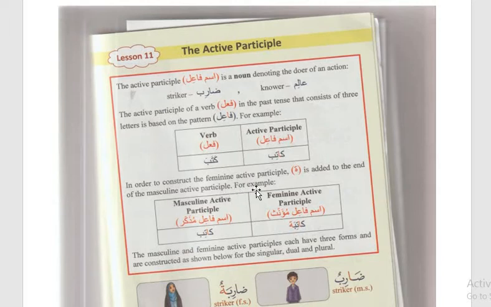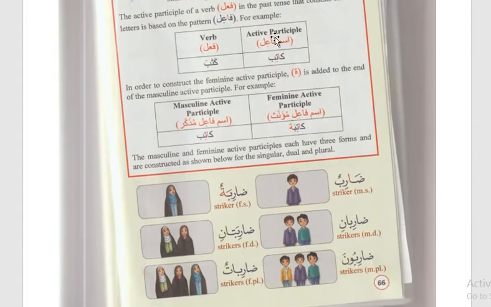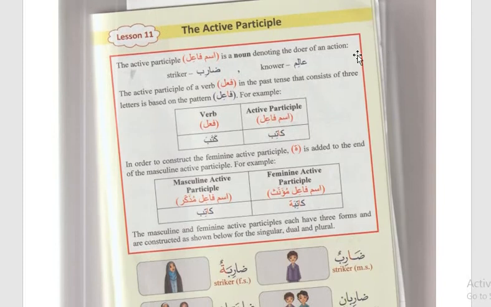Now let's look at the example. The word katib, the word alim and darib, they are all active participle, but they are masculine.